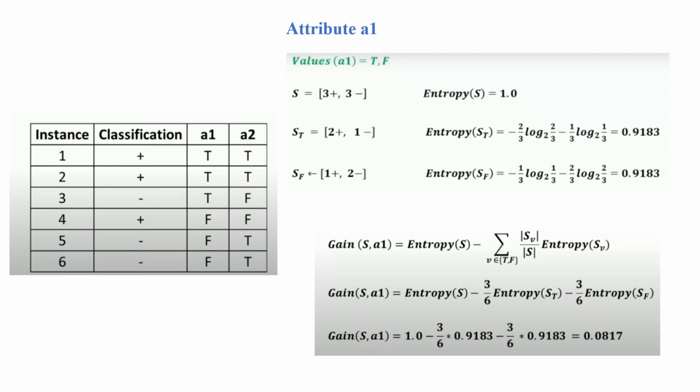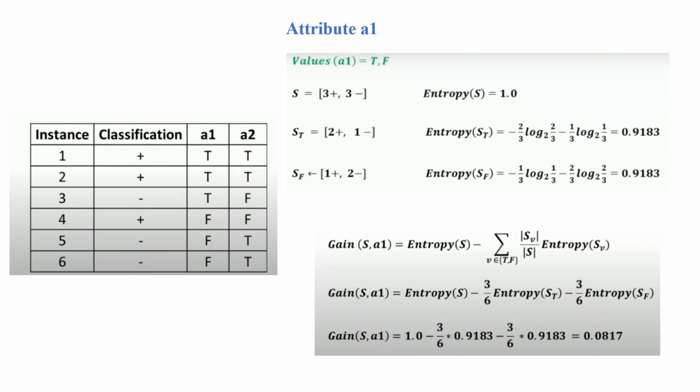Now we have to calculate the information gain. We know the formula already: the entropy minus the summation of SV by S times entropy of SV. So the overall entropy we calculated as 1, that we can substitute in this place. In the summation, overall we got 3 positive and 3 negative.